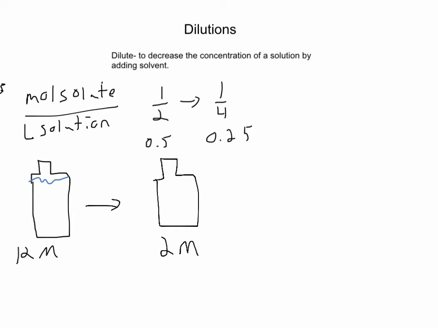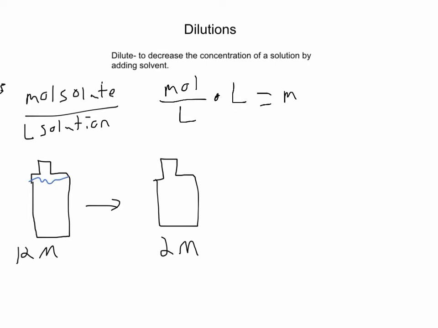We rely on the fact that when we transfer solution from one container to the other, we transfer a certain number of moles, a certain number of molecules of the solute from one container to the other. If we look at molarity as moles over liters, if we multiply that by liters, we end up with how many moles are in the solution.